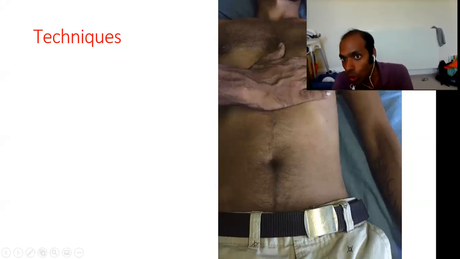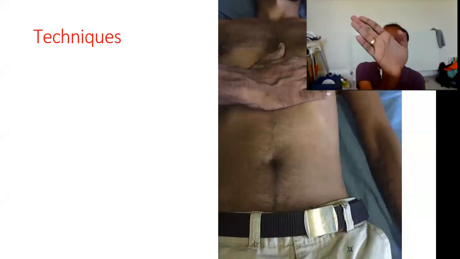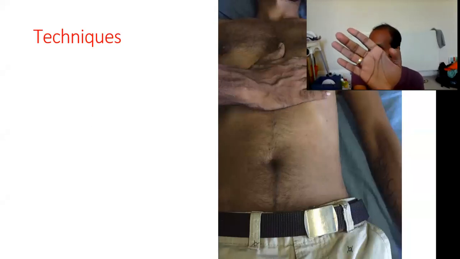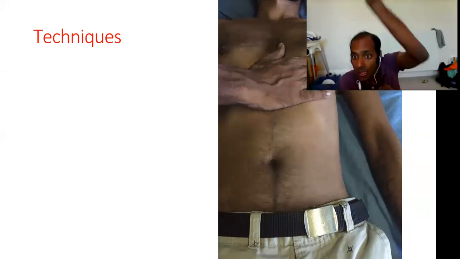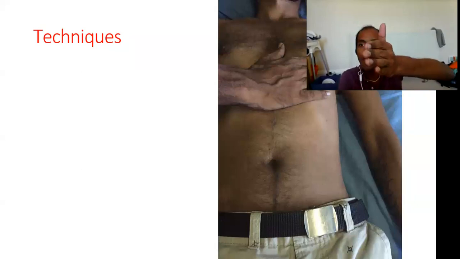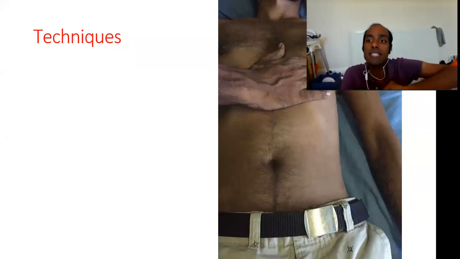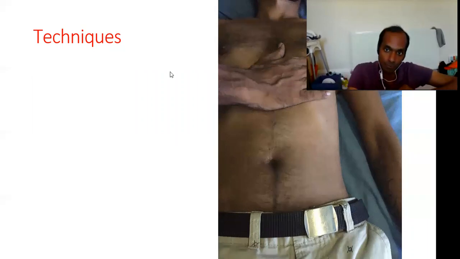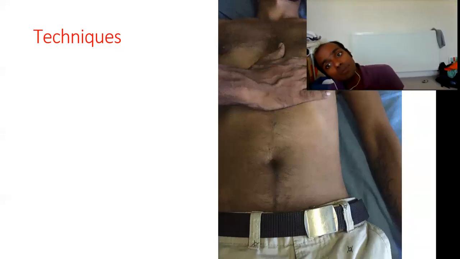Count down and locate the apex beat. Okay, so 3 fingers first localize it and then try to be precise, put it onto your middle finger and then count along the mid-clavicular line and get the rib spaces by going through the sternal angle, which corresponds to the second intercostal space. So describe the location and the character of the apex beat.